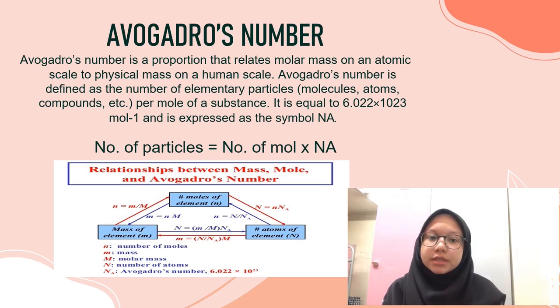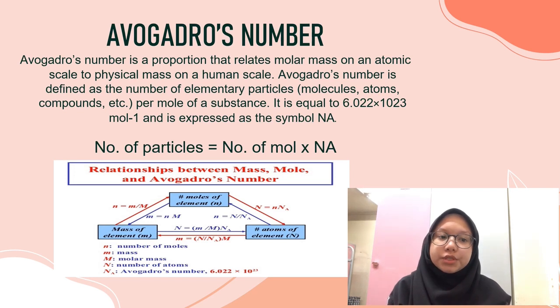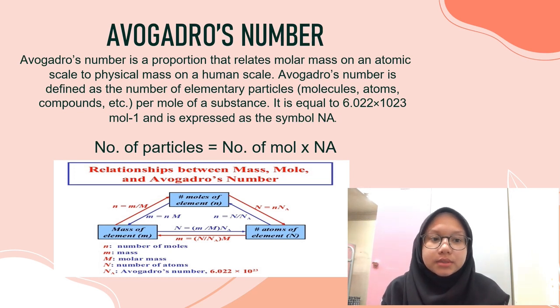It is equal to 6.022 times 10 to the power of 23 per mole and is expressed as the symbol Na. So the number of particles equals number of moles multiplied by Avogadro's number, same as the previous questions. So this is the relationship.